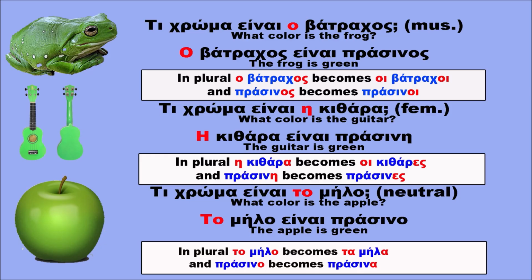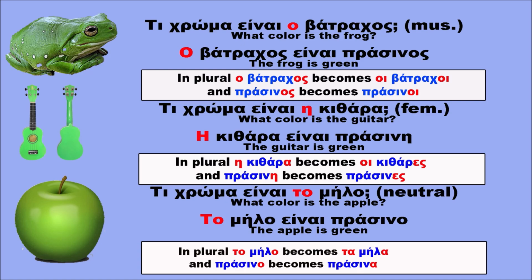The article ο becomes οι in plural, and the ος in singular becomes οι in plural. And πράσινος, the ος in singular becomes οι in plural.